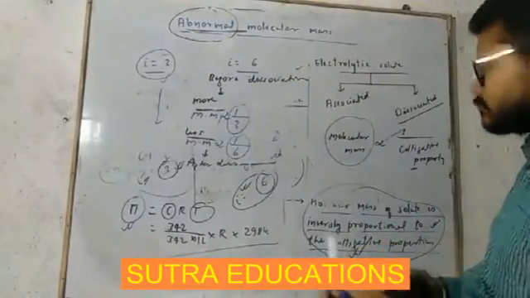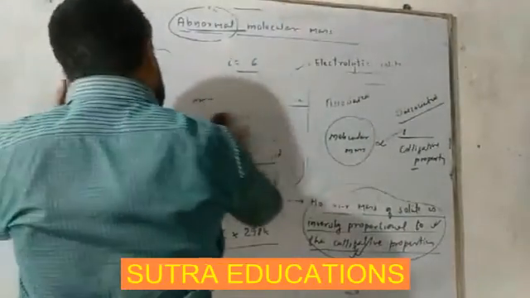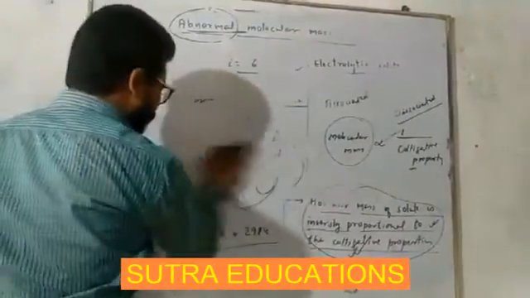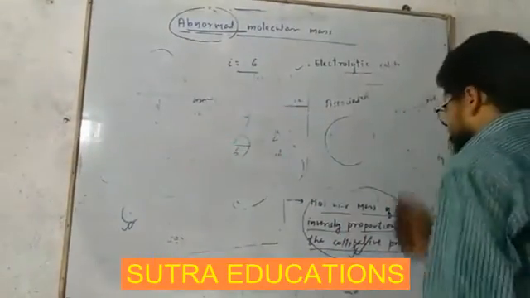So we will discuss abnormal molecular mass in case of association of solute particles and in case of dissociation of solute particles.